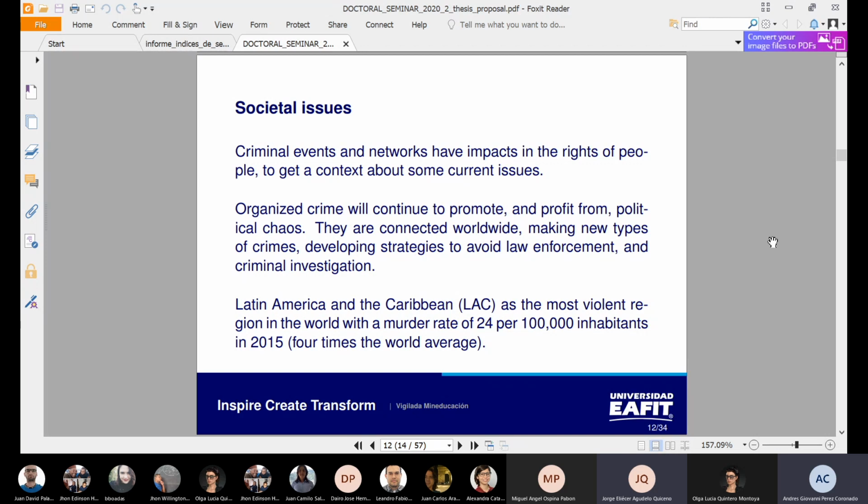And Latin America and the Caribbean is the most violent region in the world, with a rate of more than 24 per 100,000 inhabitants in 2015, according to the latest study. This is a very important issue in our country: to reduce violence and crime.